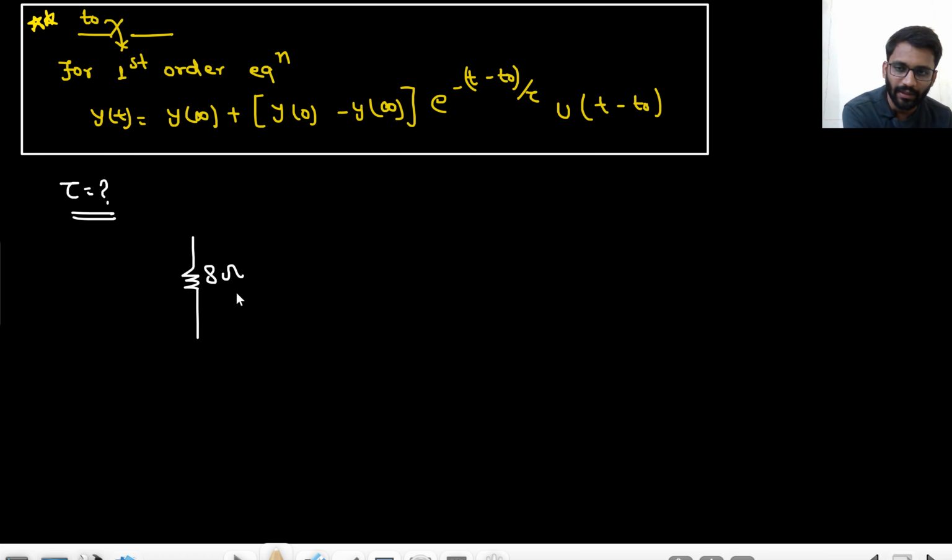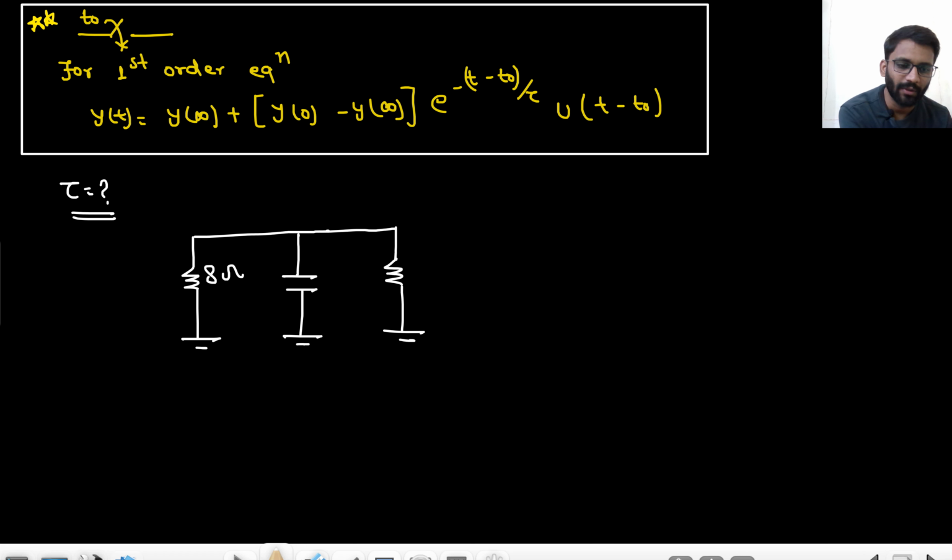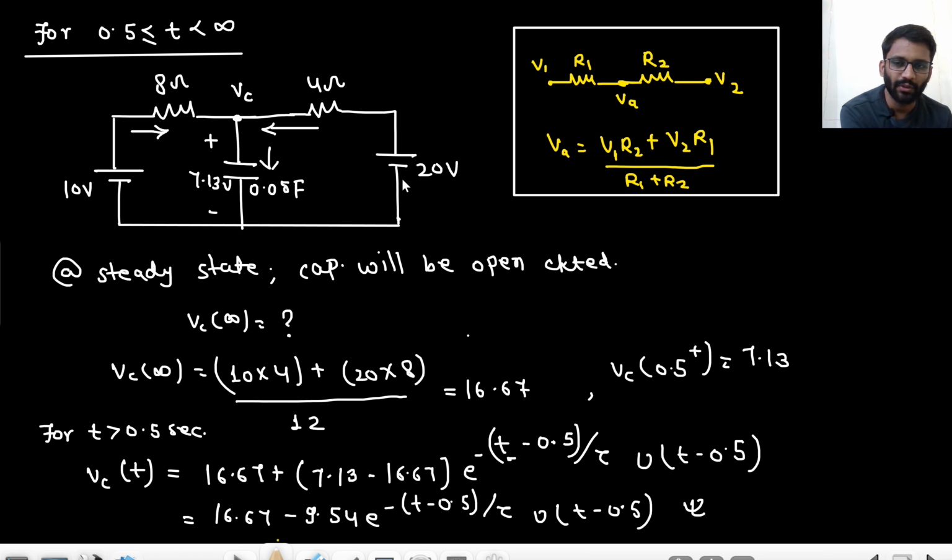One end of the 8 ohm will be connected to ground. The other end of the 8 ohm will be connected to a capacitor and a resistor. And that 4 ohm resistor, one end of it will be connected to ground because this was connected to the 20 volt source, which is now grounded, and the other end will be connected with the capacitor and the resistor.